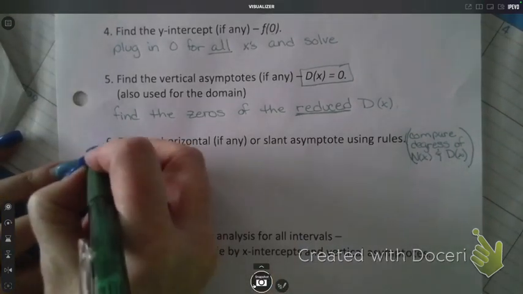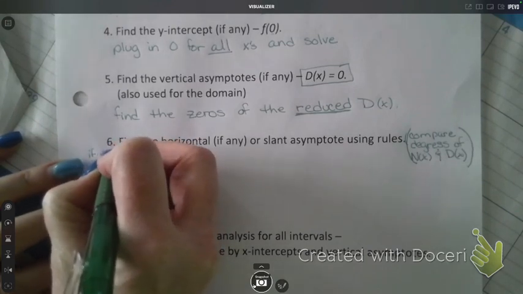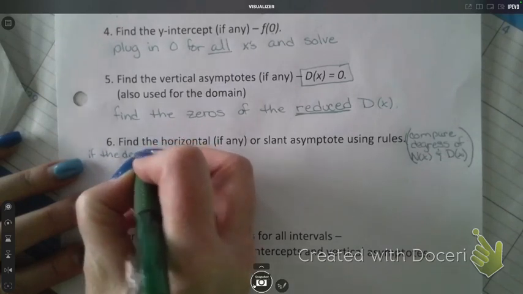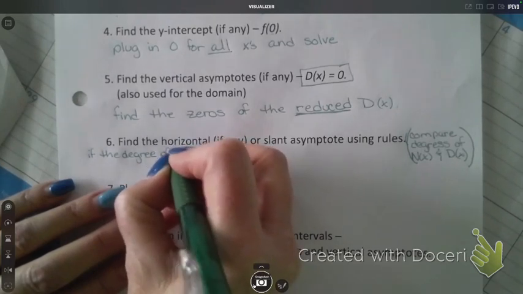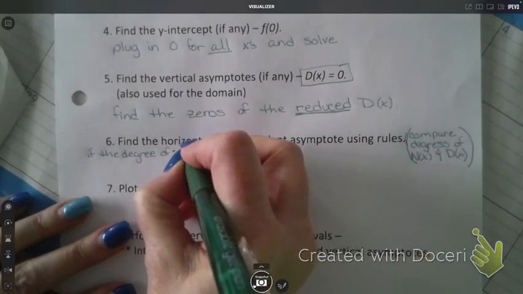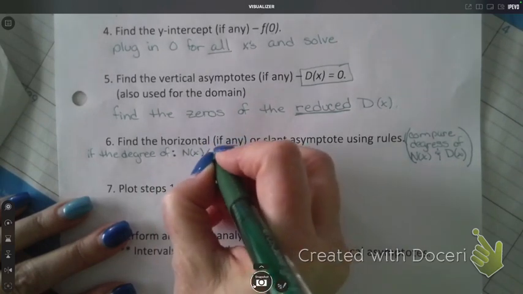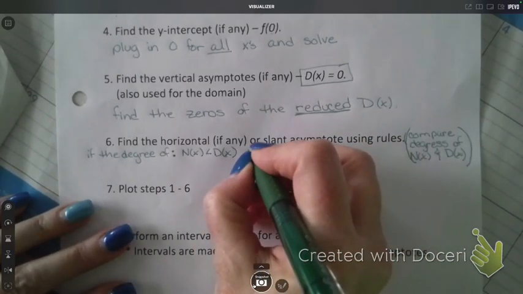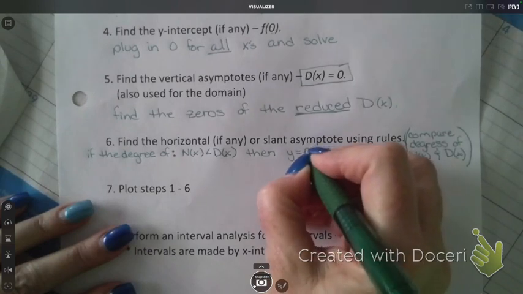So if the degree of n of x is less than the degree of d of x, then y equals 0.